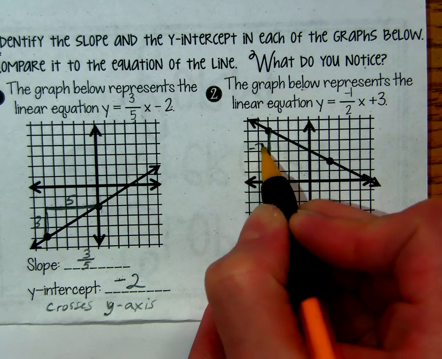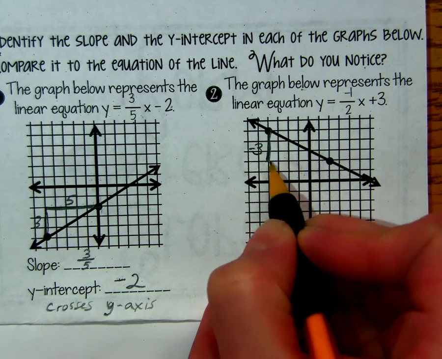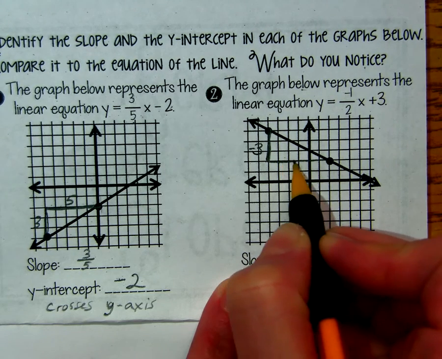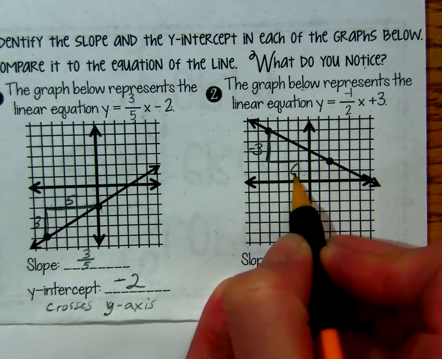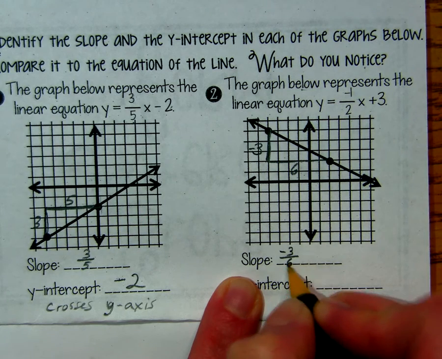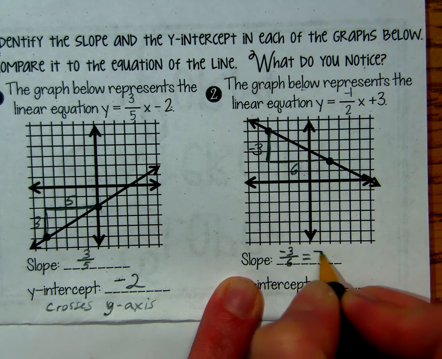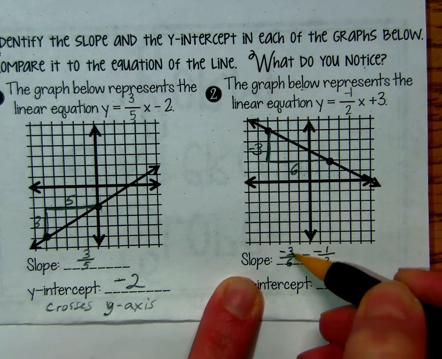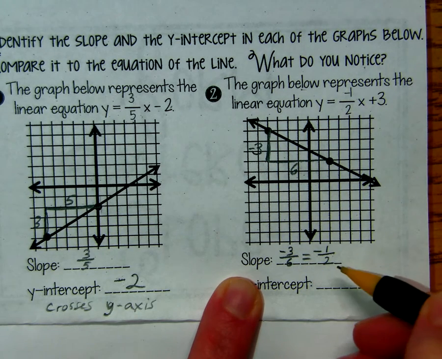So my rise is actually a fall of -3, and then the run is 1, 2, 3, 4, 5, 6. So when we do the slope, it's -3/6, which should reduce to -1/2. If we divide the top and the bottom by 3, we get 1/2.